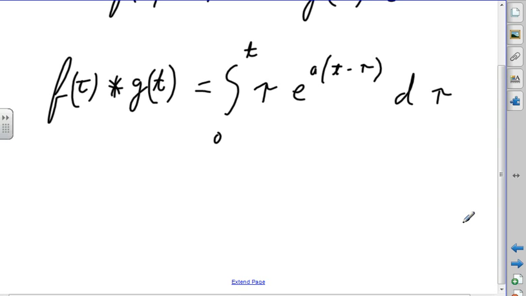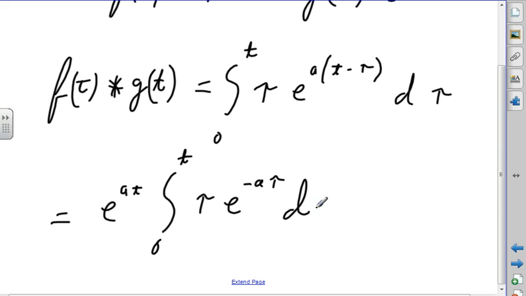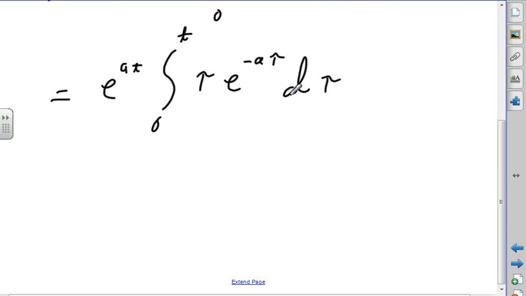Okay, so I'd probably say this is e to the at, because e to the at is just a constant, times the integral 0 to t of tau e to the minus a tau d tau. And then I remember, well, I just used the back of the book.